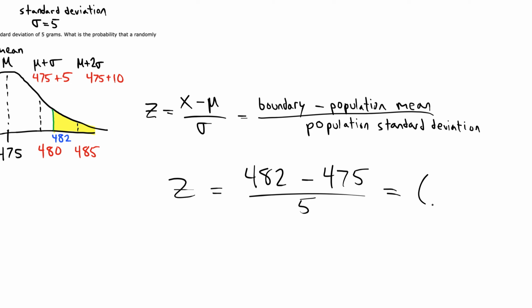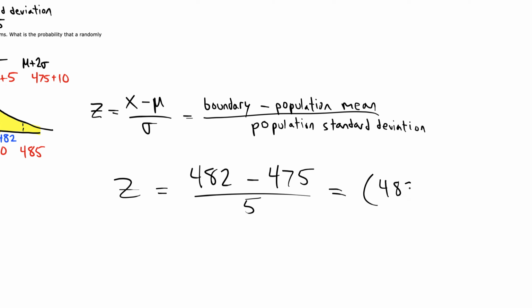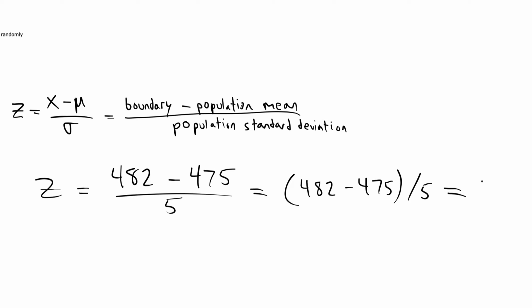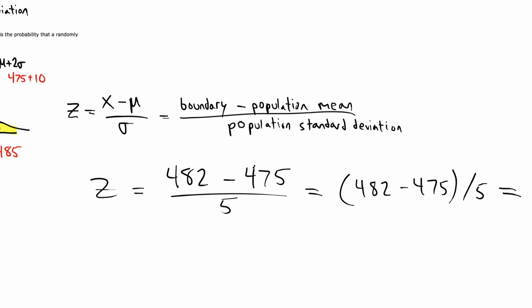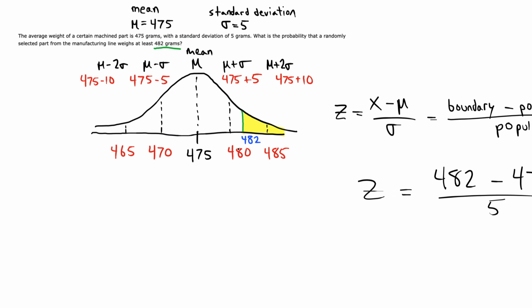Let's do this on the calculator. I get a z-score of 1.4. We can now go back to our curve and fill in information about the z values. We've already got a nice scale for the x's.